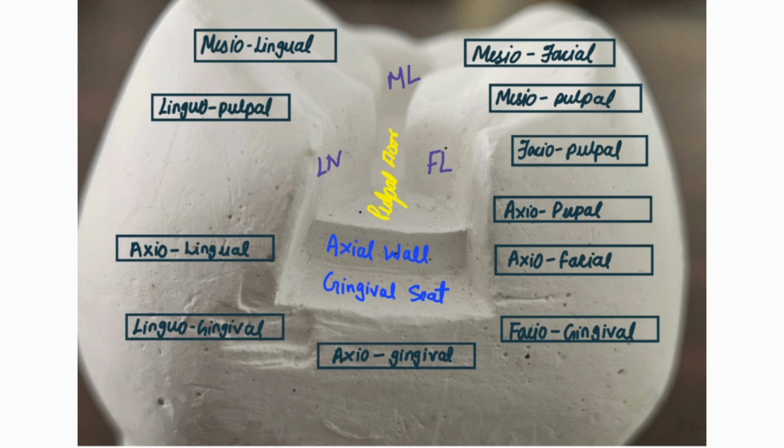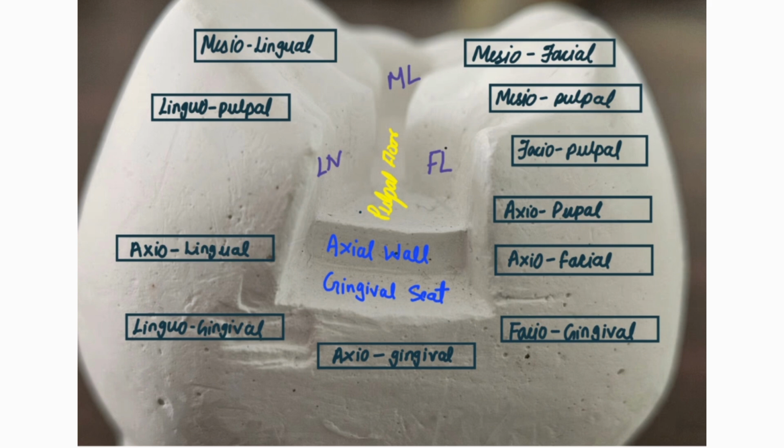Moving on to the class 2 part, the junction between your pulpal floor and the axial wall will be your axiopulpal line angle. And this line connecting your axial wall to the gingival seat would be your axiogingival line angle.